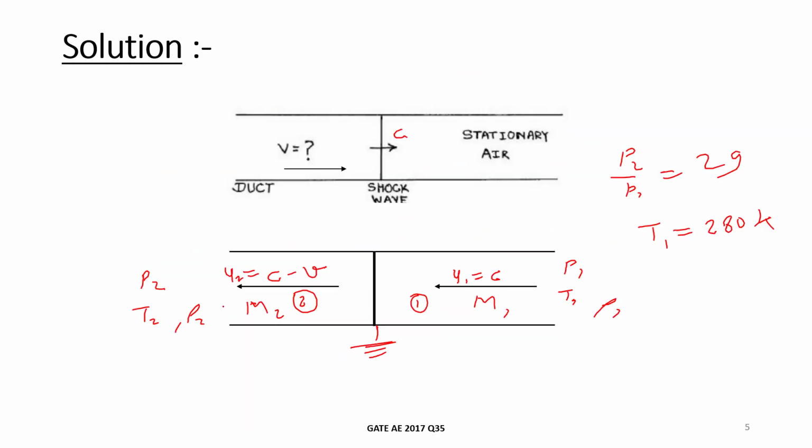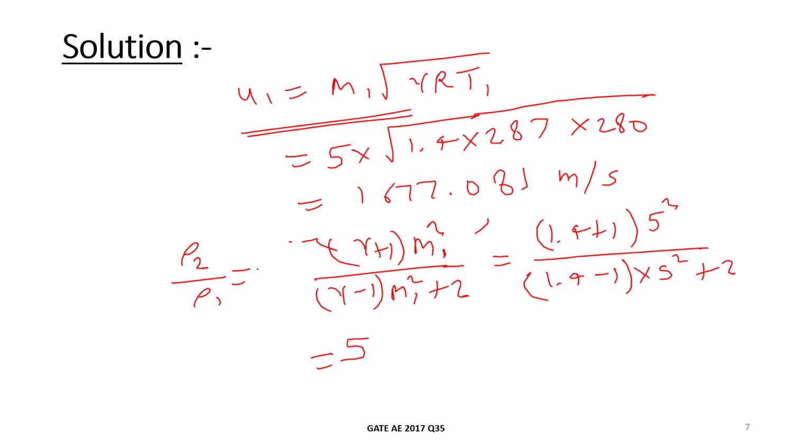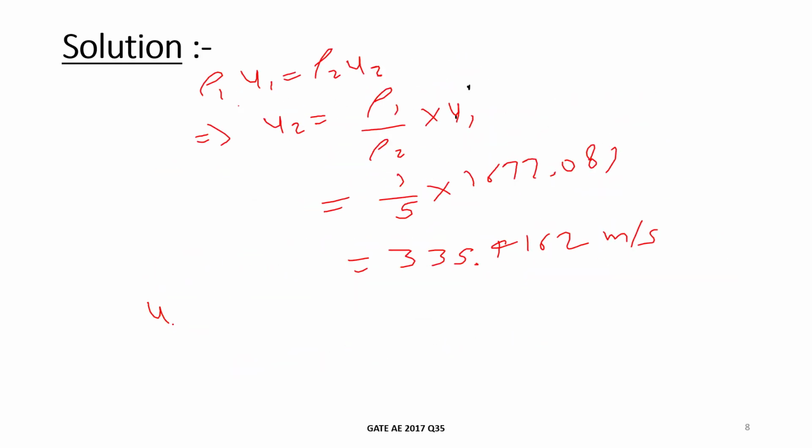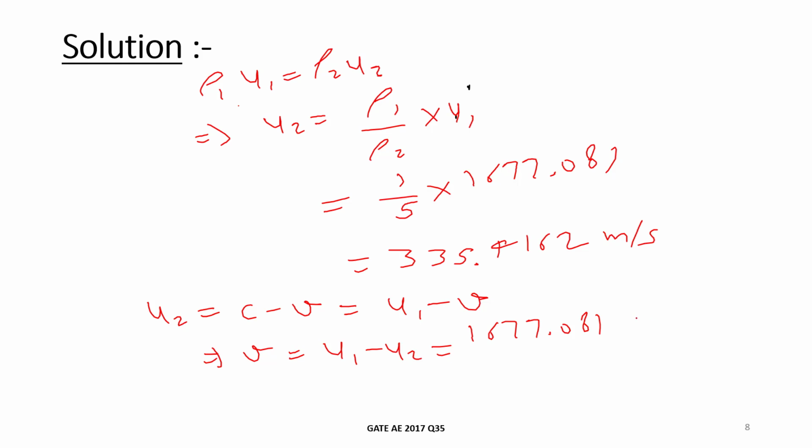If you see our diagram, u2 equal to c minus b, and c equal to u1. So u2 equals u1 minus b. So our b will be u1 minus u2. u1 is 1677.081 and u2 is 335.416.